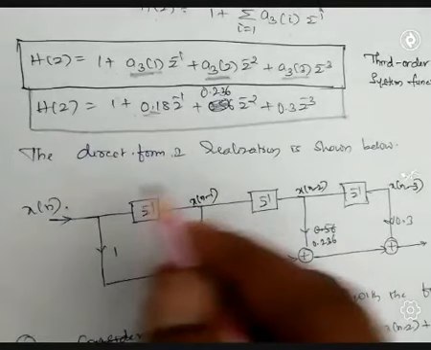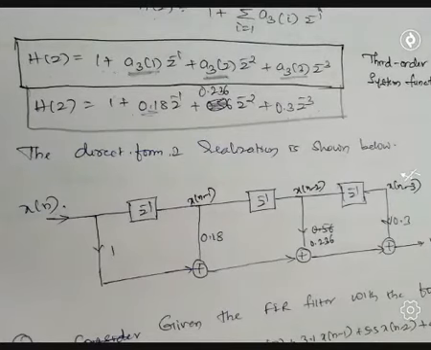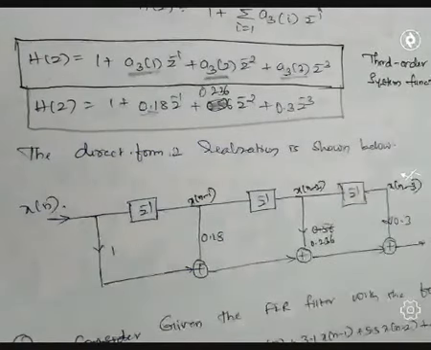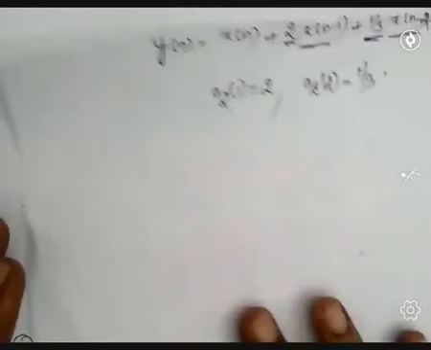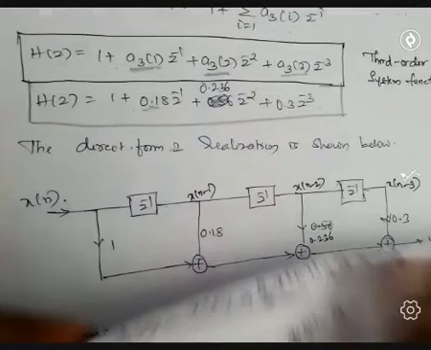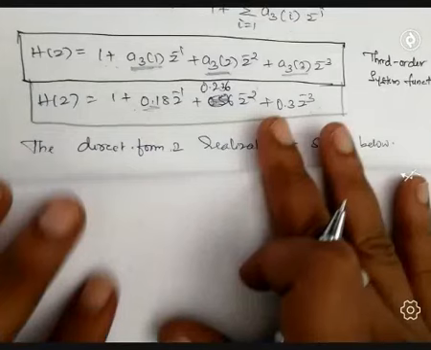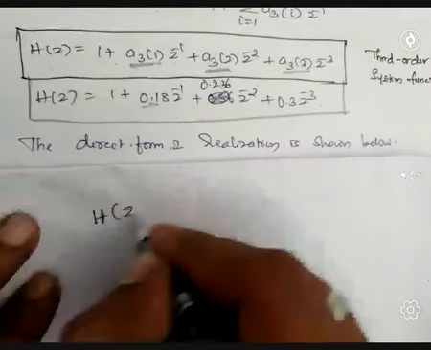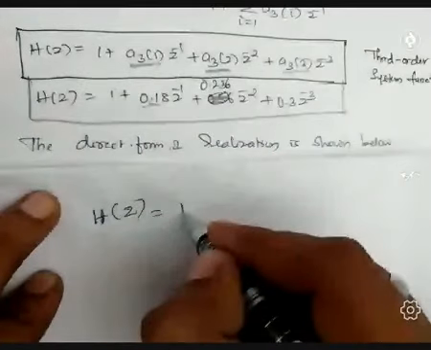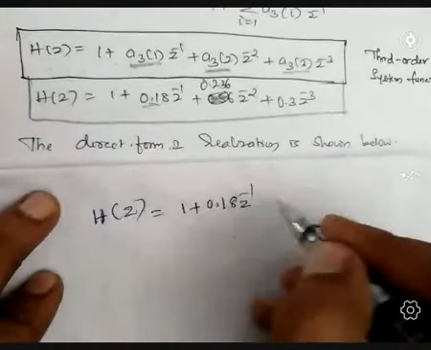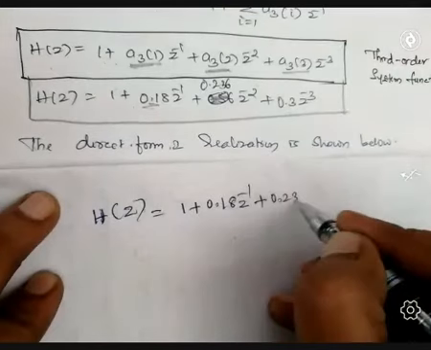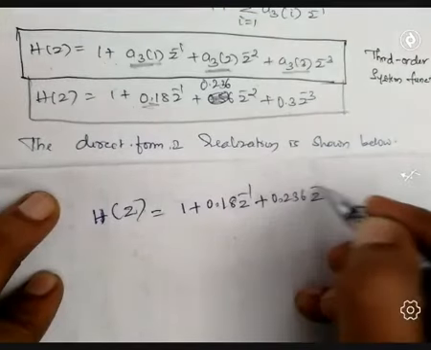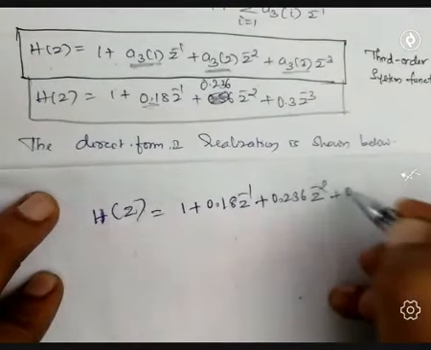So this equation, if you are going to simplify further, H of z equal to 1 plus 0.18 z to the power minus 1 plus 0.236 z to the power minus 2 plus 0.3 z to the power minus 3.